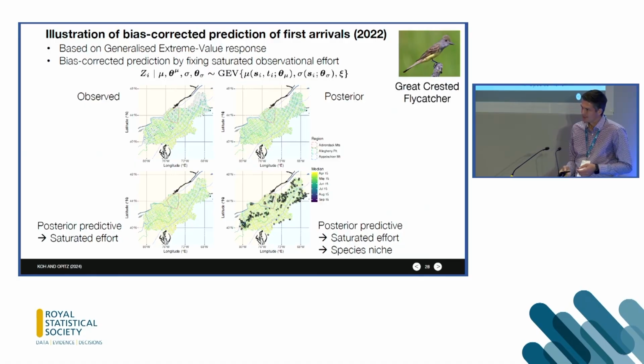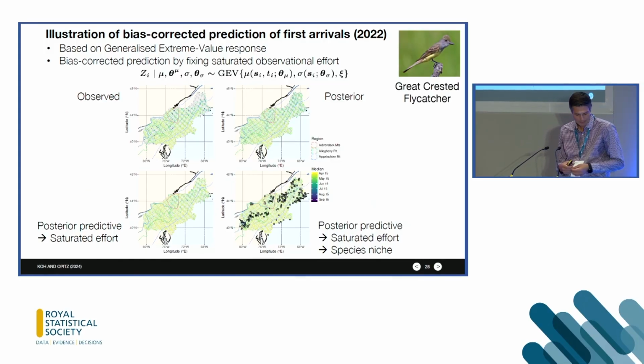Once we have fitted a model, we can then use it to perform bias-corrected predictions of first arrivals. So we set a very high observational effort, the saturating one. You can see this here in the bottom row in the two maps. On the left, we have the posterior predictive map where we have used the saturated effort.